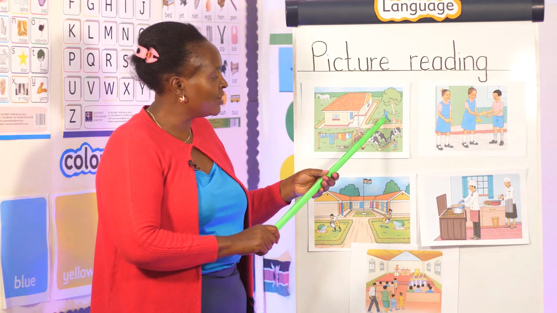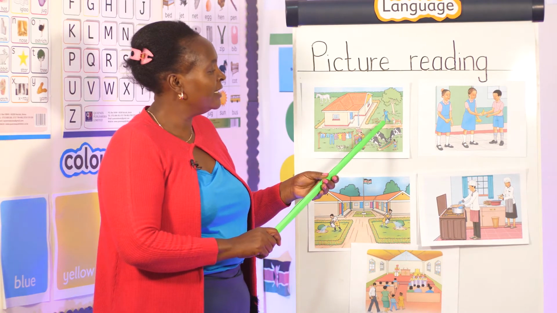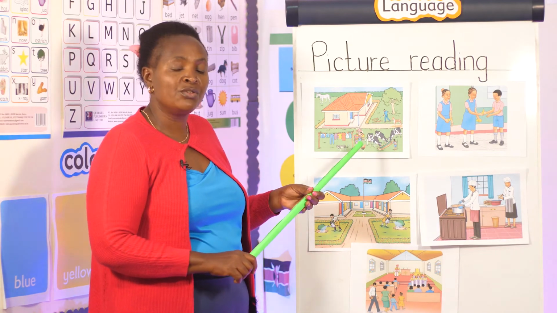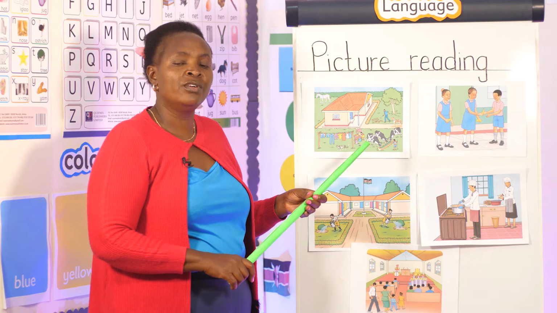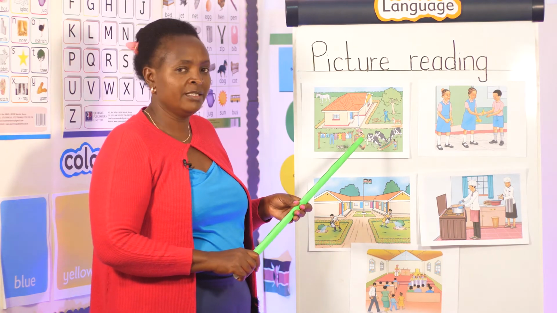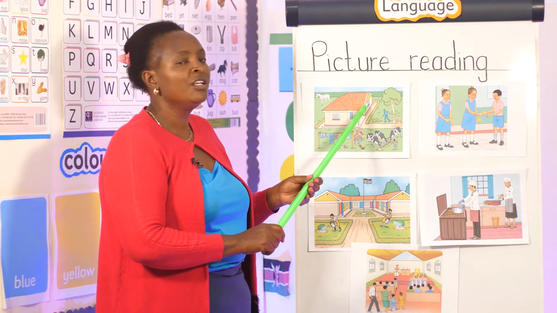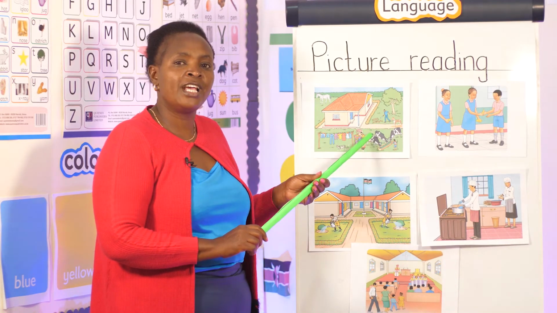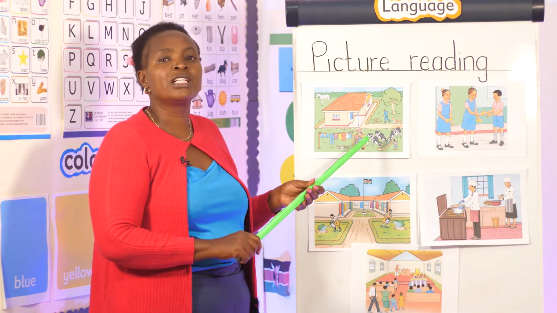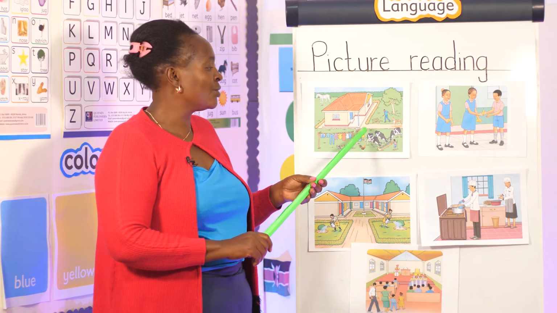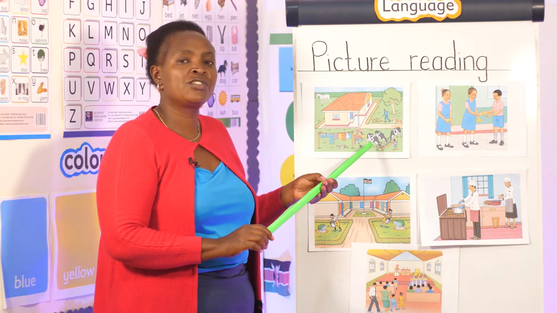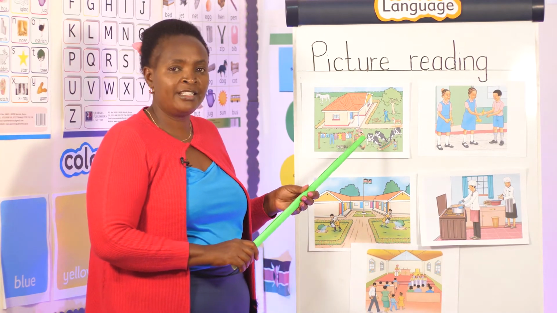And what is Daddy doing here? Daddy is cutting some pieces of wood which can be used to warm the house or to cook the family meal. So from this picture, we can tell these are family members and they have shared activities so that work can be done at home by dividing the duties and the different chores that are to be done, right?